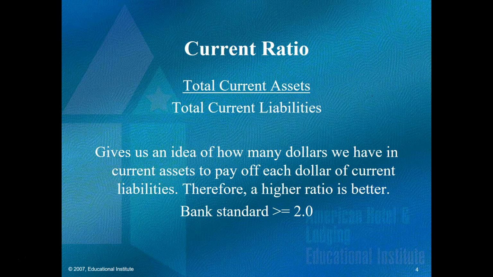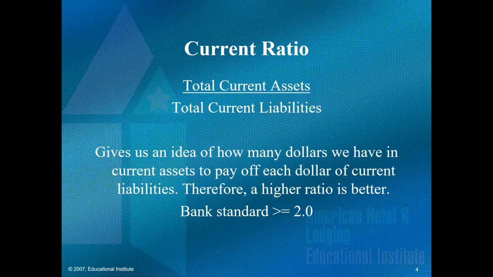What we're saying is for every dollar in current liabilities, we have $3 in current assets. If we got a ratio of 1.5, we would be saying for every dollar in current liabilities, we have $1.5 in current assets.